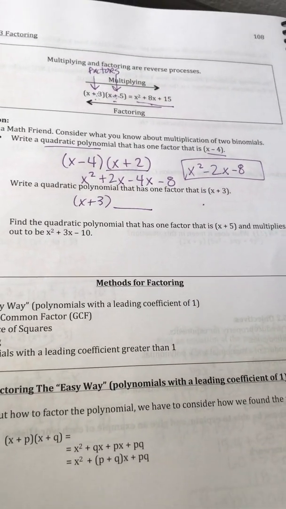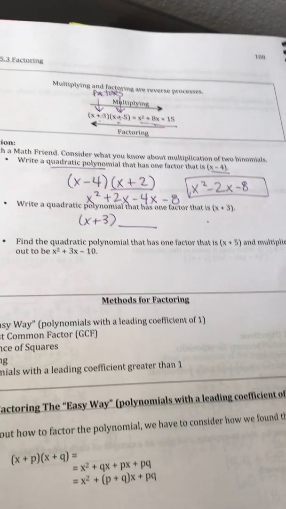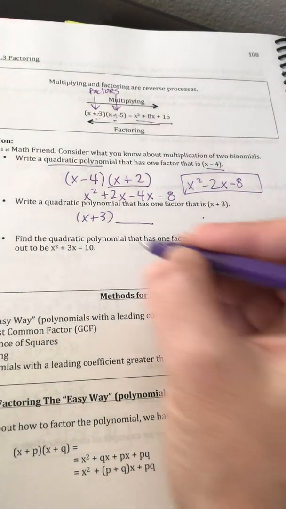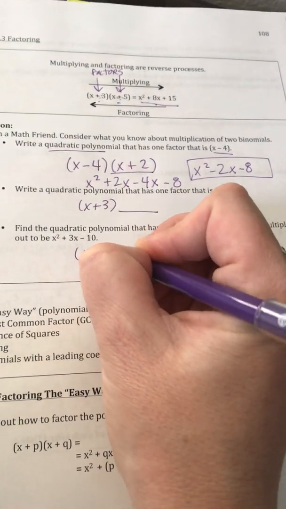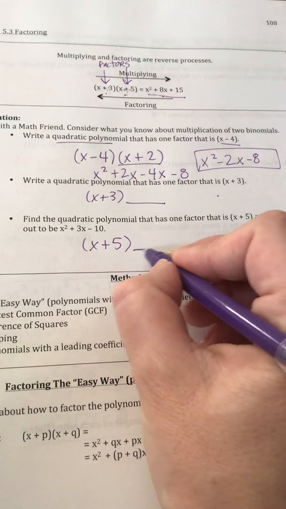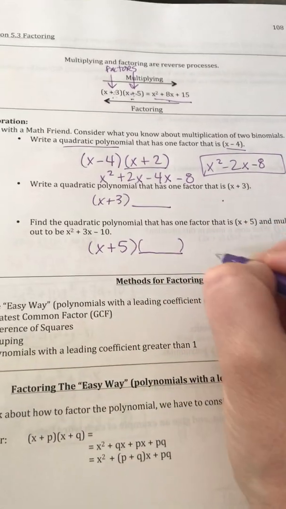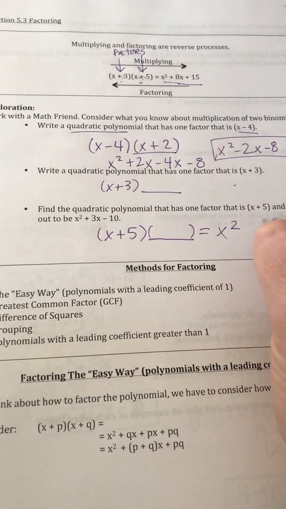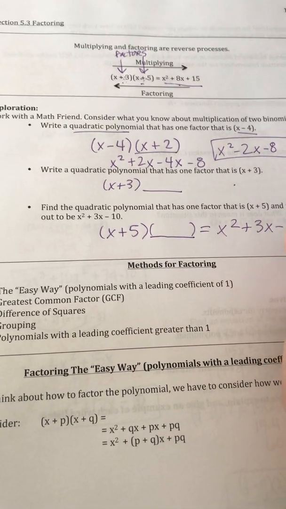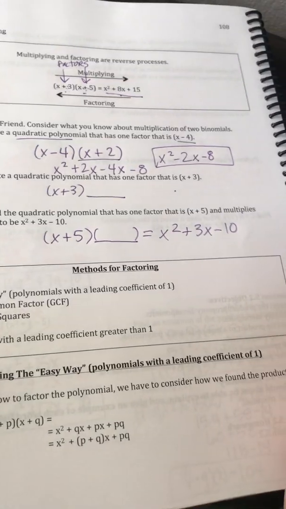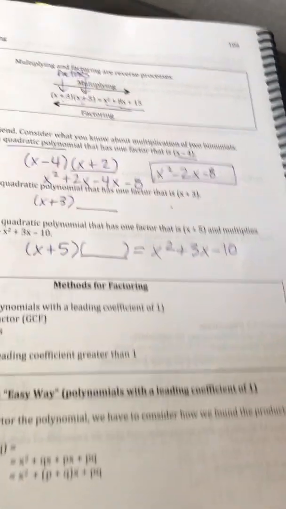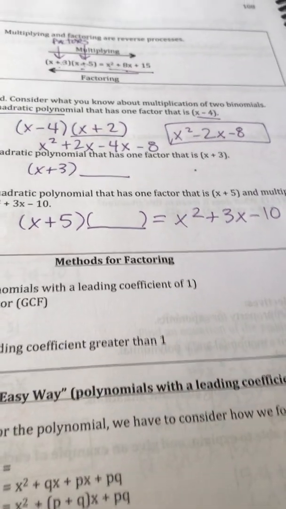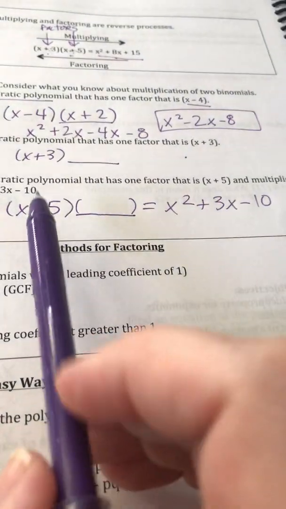Now for the last part, we want a quadratic polynomial that has one factor of x plus 5. You have another factor here, and when we multiply this together, we want a polynomial that says x squared plus 3x minus 10. I'm just going to ask you to pause the video and give this a try.